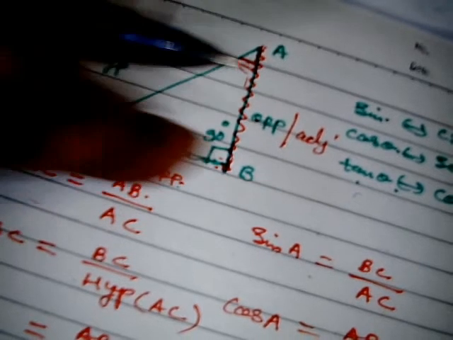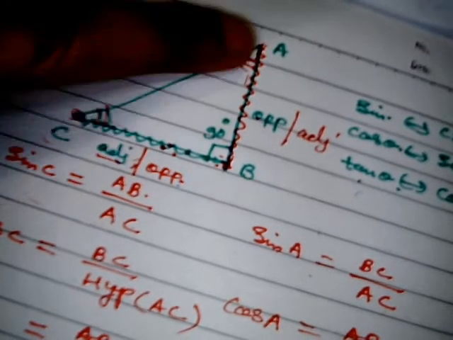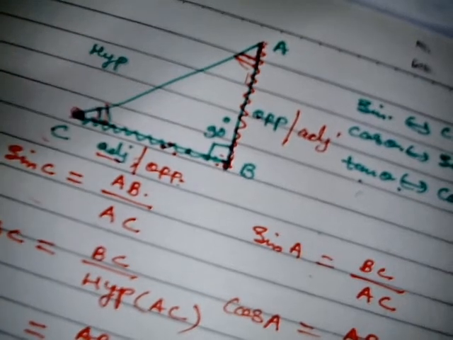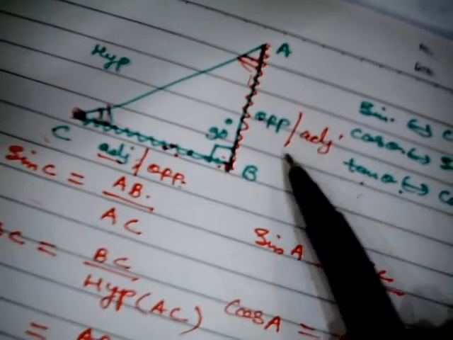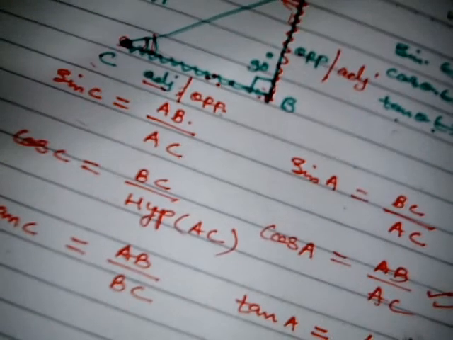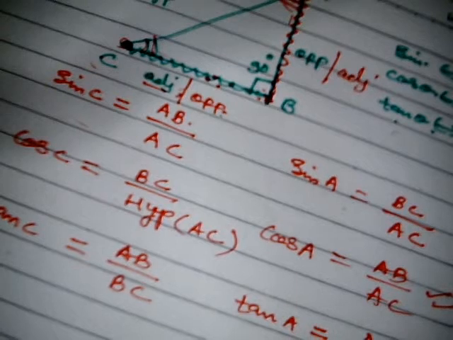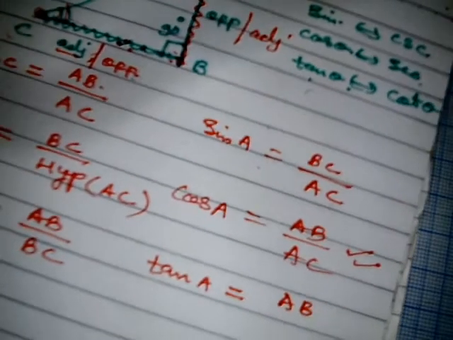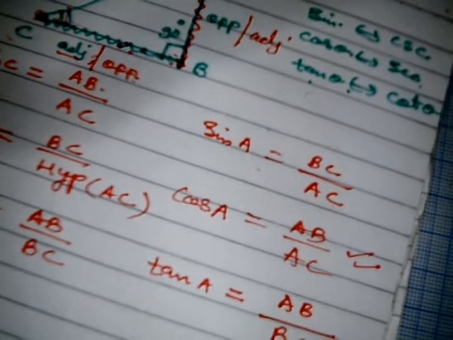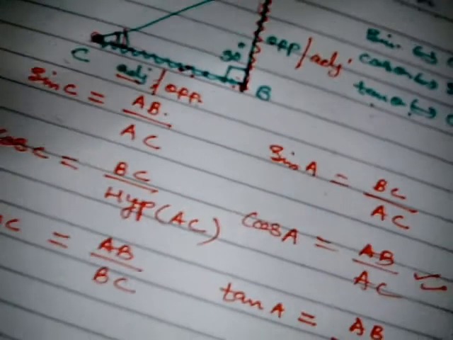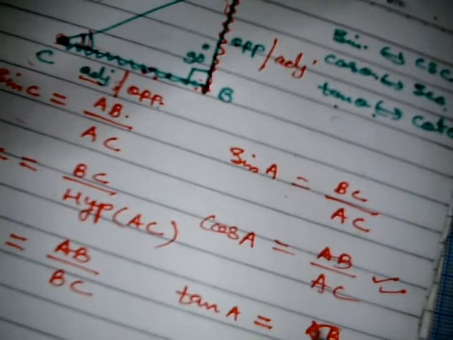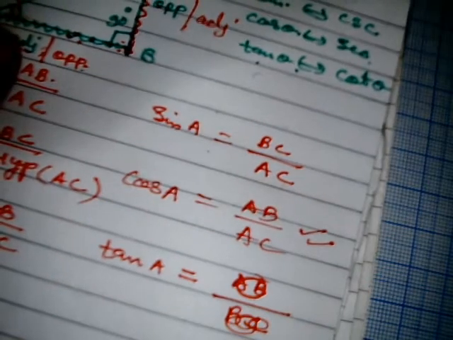Tan is opposite upon adjacent. So the opposite I need to write first. Opposite is BC, so BC upon AB, the adjacent side.